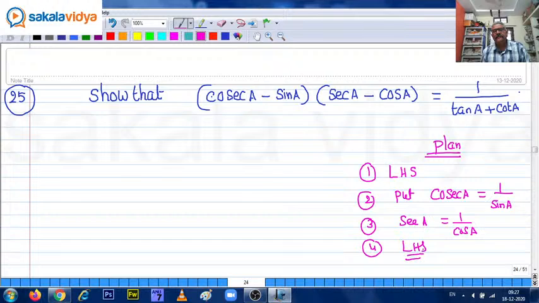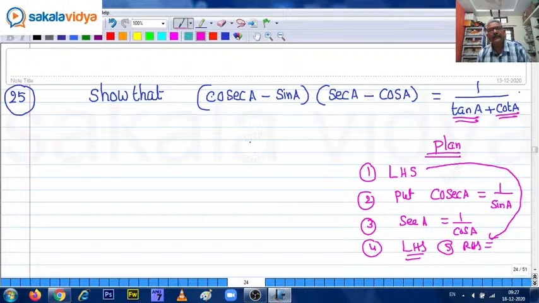LHS you will get. Now next consider RHS. Change tan A in terms of sin and cos, and cot A also in terms of sin and cos. So now we need to prove that LHS is equal to RHS. So this plan needs to be implemented. Okay, let us implement this plan now.